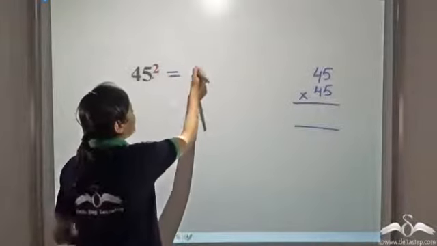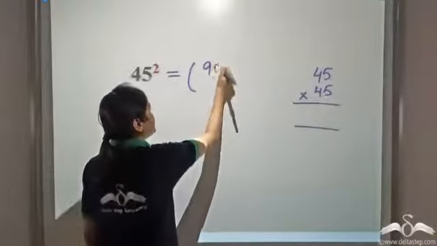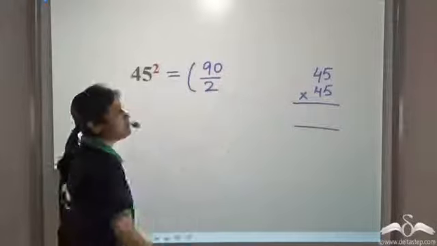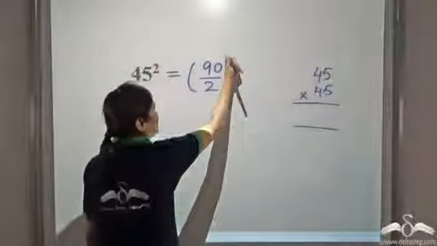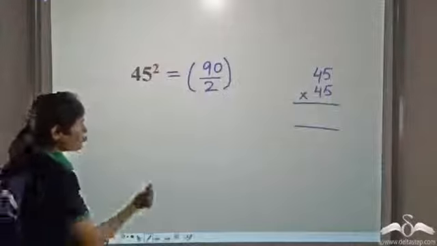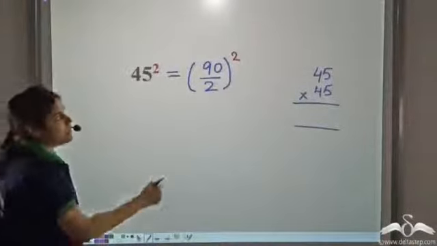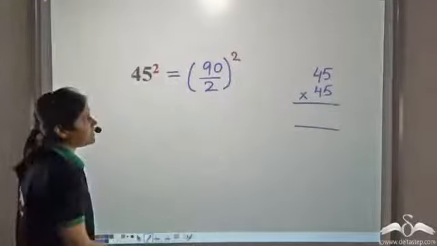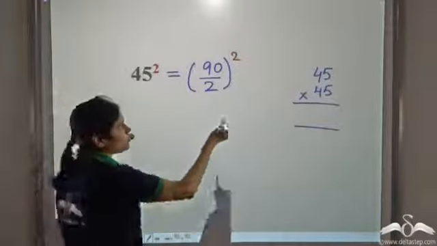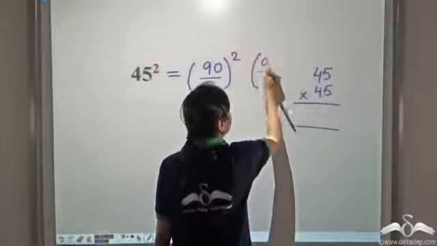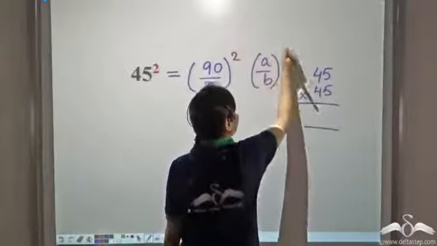45 can be written as 90 by 2. So I can write this as 90 by 2 whole raised to the power 2. Now we can compare this 90 by 2 to a by b whole raised to the power n.